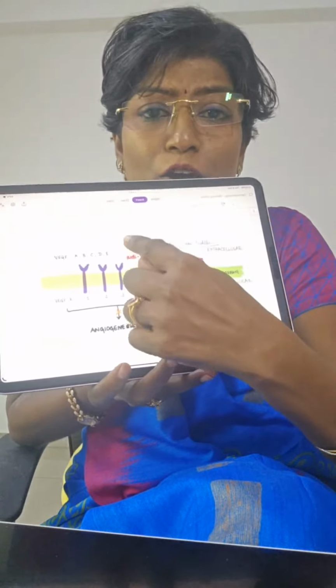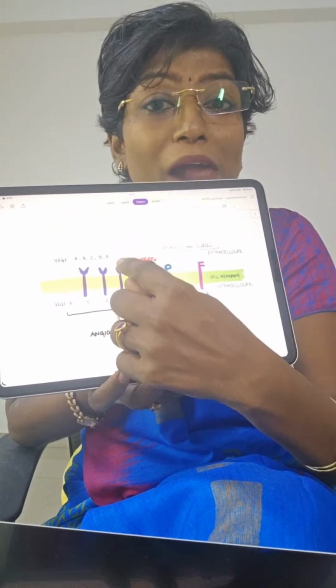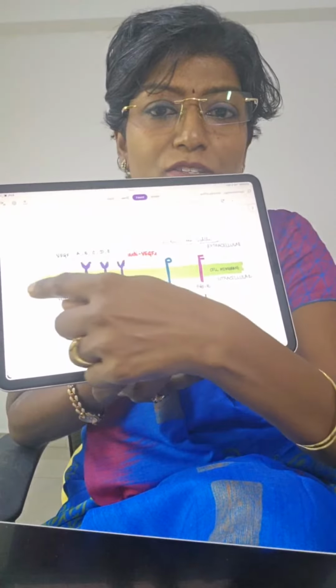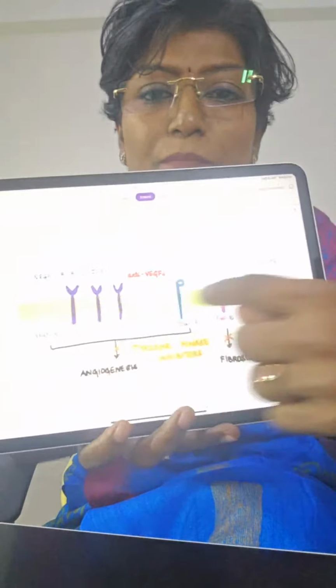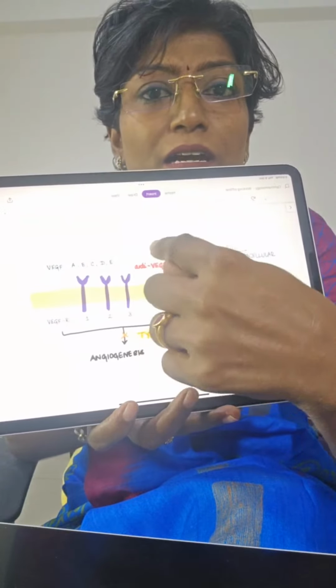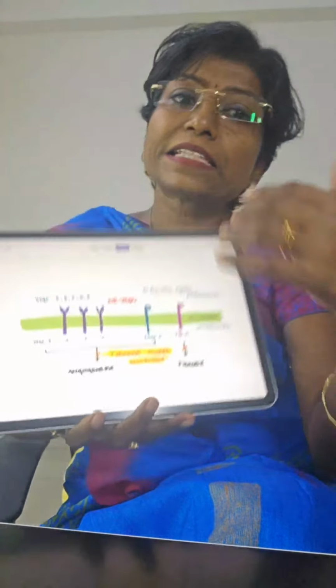So the binding of the ligand to the extracellular domain, this is your cellular membrane, the extracellular domain binding is inhibited by your anti-VEGF drugs. All of you know about various anti-VEGF drugs, so today's video is not about anti-VEGF drugs. When this is inhibited, the further actions of VEGF do not happen.